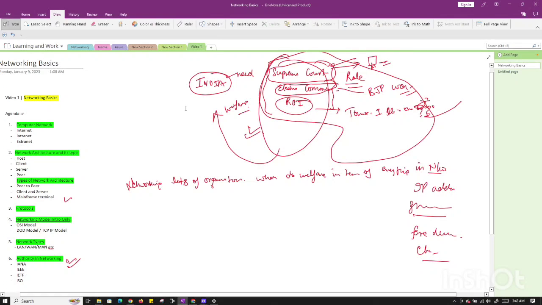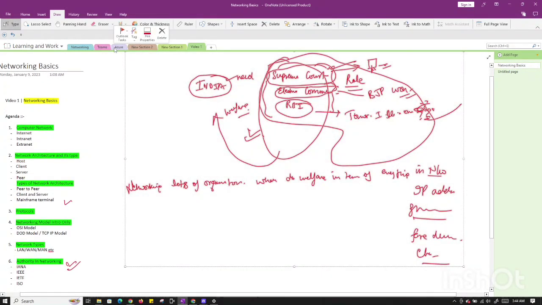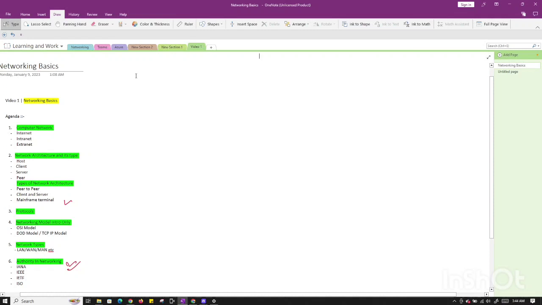So this is the need in networking to get certification for any addresses, for any numbers, to do welfare and provide fair distribution to everyone. We'll discuss these well recognized ones right now: IANA, IEEE, IETF, ISO.